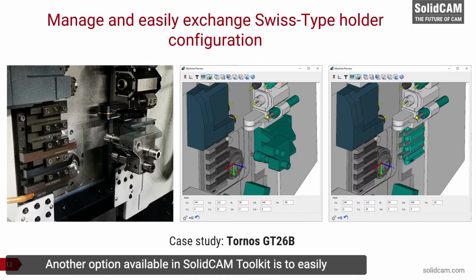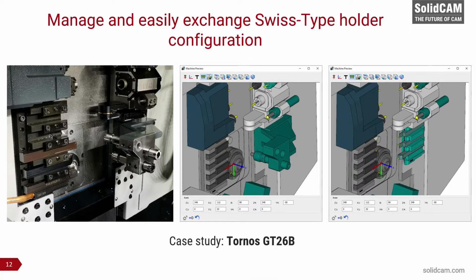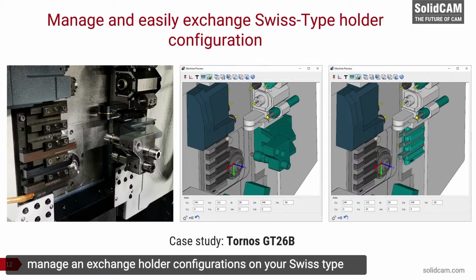Another option available in SolidCAM Toolkit is to easily manage and exchange holder configurations on your Swiss type machines. It is not so common that Swiss type machines exchange the holders, but these days there are a lot of machines with very complex axis configurations. They come with a lot of holder configuration options, and our particular customer required an easily exchangeable holder configuration for each application that he's machining.